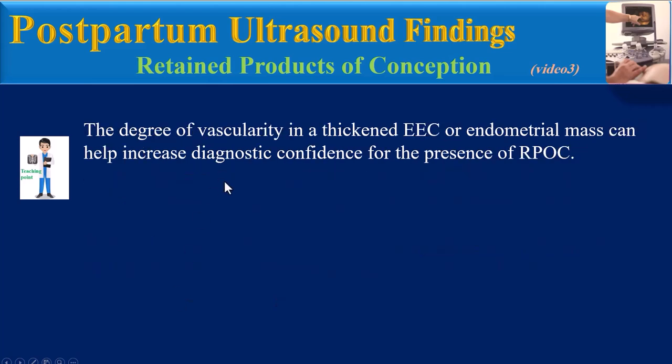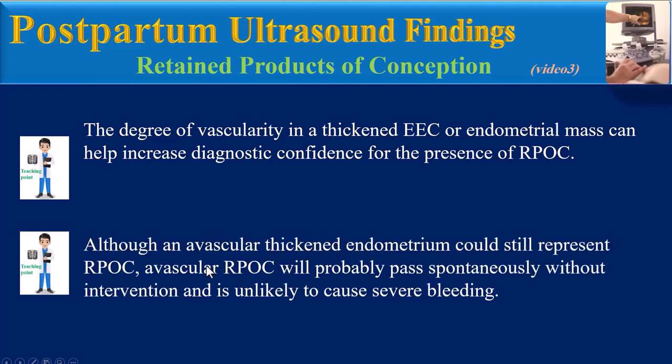The degree of vascularity in a thickened EEC or endometrial mass can help increase diagnostic confidence for the presence of RPOC. Also, an avascular thickened endometrium could still represent RPOC. Avascular RPOC will probably pass spontaneously without intervention and is unlikely to cause severe bleeding.